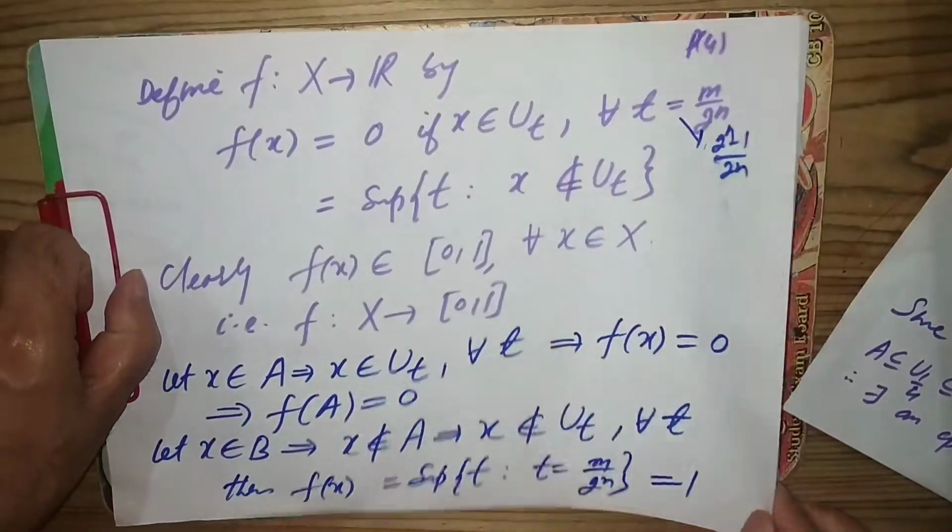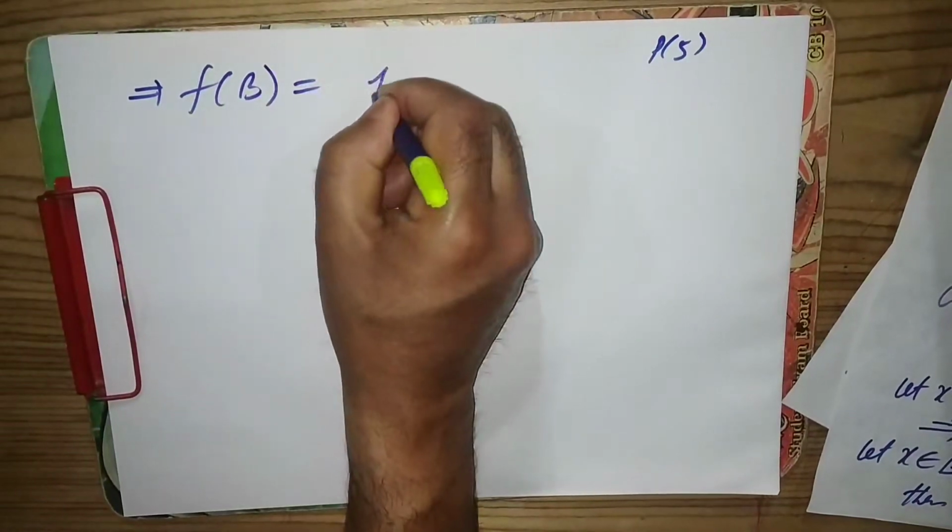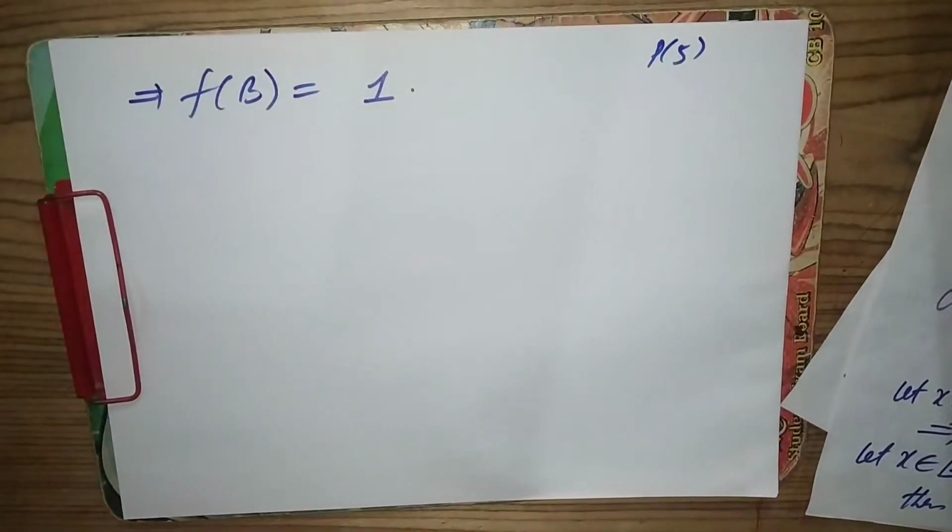So this means that f of B is equal to 1, because it maps each point of B onto 1. This proves the requirement that it maps each point of A onto 0 and each point of B onto 1. Now we just need to show that it's continuous.